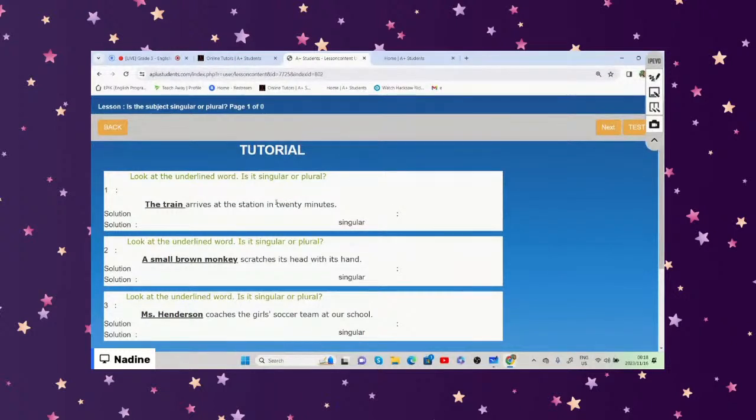It says, the train arrives at the station in 20 minutes. So the train. We must say if it's singular or plural. The train is only referring to one train, which means that this is singular.